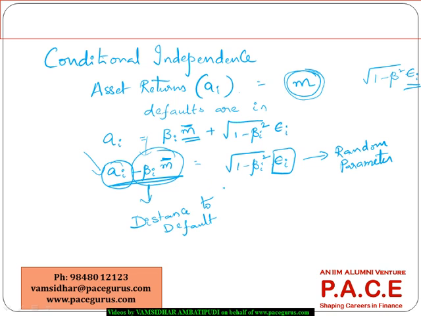So it can either increase or decrease based on this particular parameter. Depending on how this company specific contribution to the returns is increasing, the overall asset return is either increasing or decreasing.